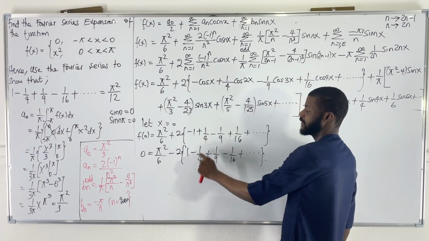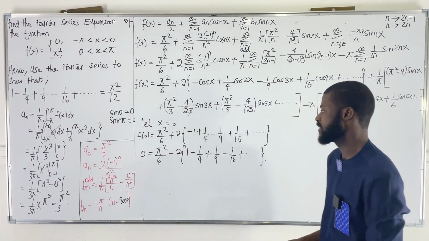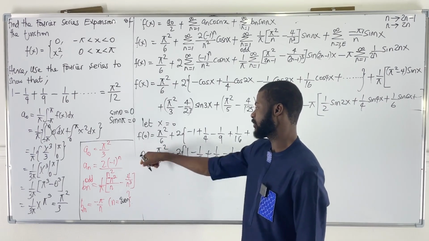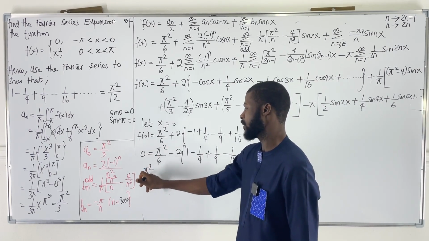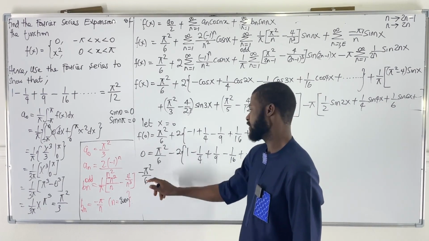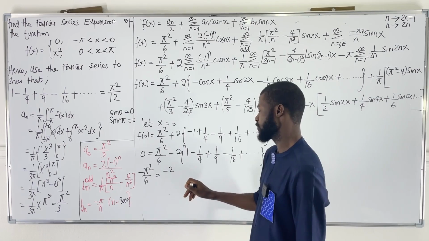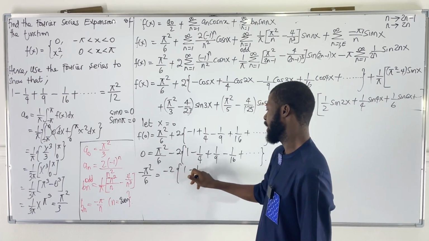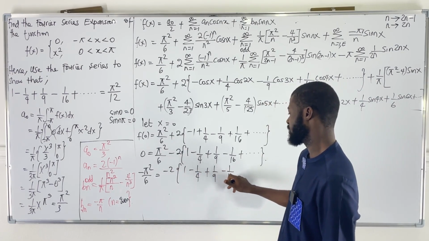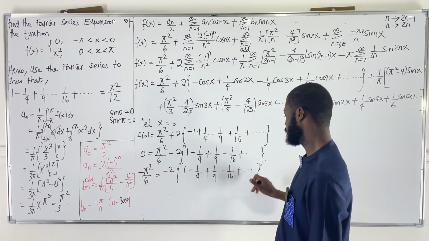So this and this are still the same. Right now, let me take the pi squared over 6 to the other side. So this will be minus pi squared over 6, equal to minus 2 times 1 minus 1 over 4 plus 1 over 9 minus 1 over 16, and just like that.